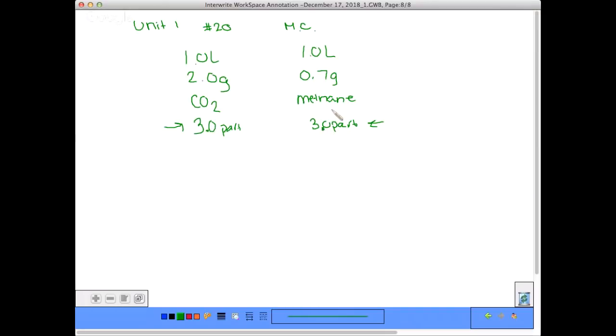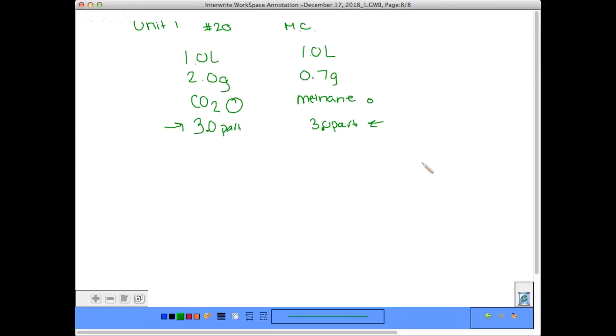So what is happening? If we look at these choices, the carbon dioxide particle is larger in size than the methane particle. If our carbon dioxide particle is larger, so let's say that it's this size instead of this size, is that going to take into consideration our differences in mass?